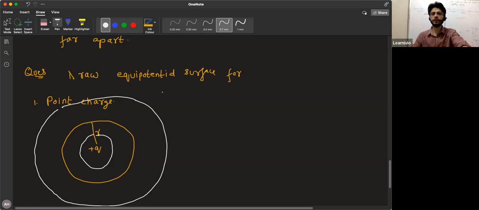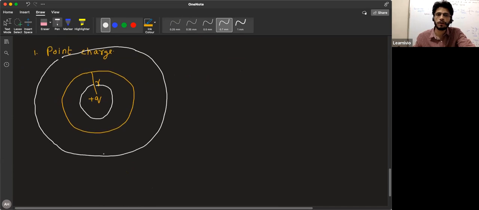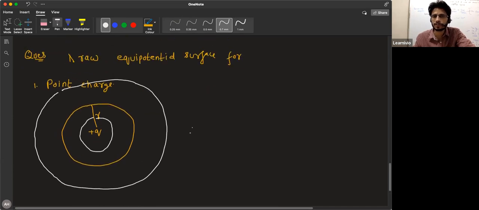Because the field decreases. Yes, as you move away from the point charge, the strength of the field decreases. That's why the separation increases. So for a point charge, the equipotential surfaces are concentric spheres.